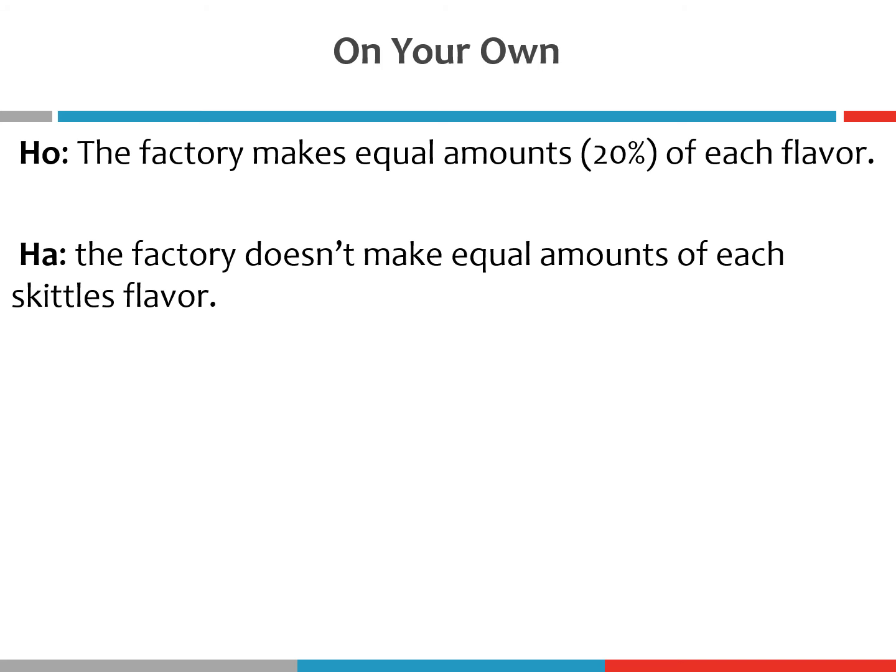So if I divided 384 by 5, that was equal to about 76.8 of each flavor. Again, our null hypothesis is that the factory makes equal amounts or 20% of each flavor, which for our purposes is about 76.8 Skittles of each flavor. And the alternative hypothesis is that the factory doesn't make equal amounts of each Skittles flavor.